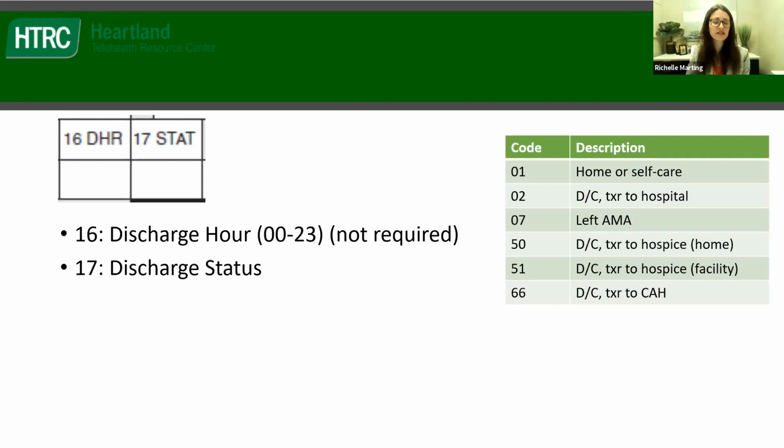If, however, you're sending the patient to the hospital, if the patient left the visit against medical advice, or is going to a hospital or critical access hospital, there are different discharge disposition or discharge status indicators that we would put in this field 17 to reflect where the patient's going.